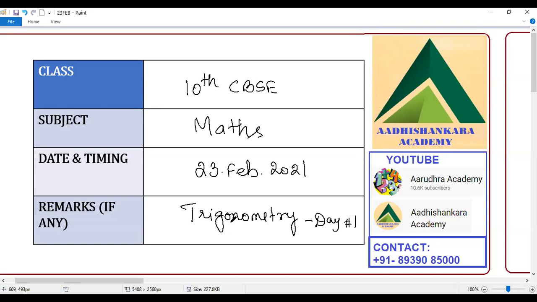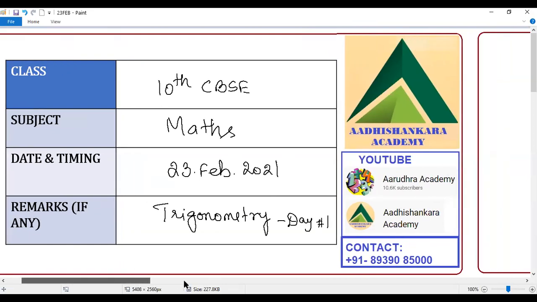Clear or not? Just remember today's class, it's more than sufficient to cover not one chapter but 2 chapters of trigonometry, and you learn not just 10th trigonometry, even 11th, 12th things also you learn, right? So any doubt?